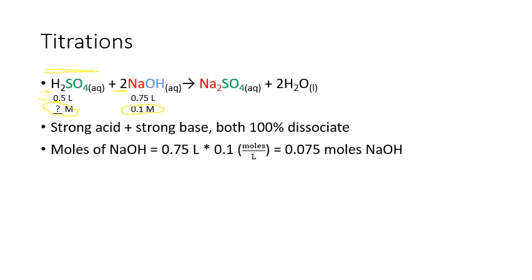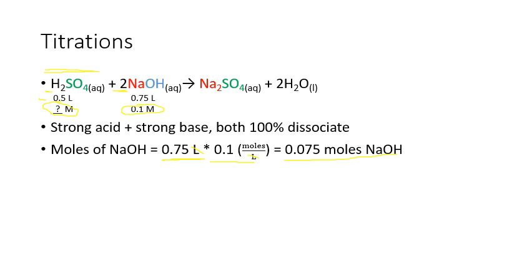We'll just multiply the volume, the 0.75 liters, times the concentration, the 0.1 moles per liter. And in that case, the liters of NaOH cancel with the liters in my moles per liter of NaOH. And it turns out I had to add 0.075 moles of NaOH to get all of the acid to react.